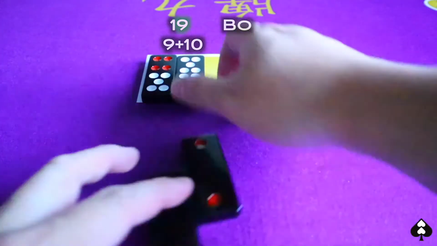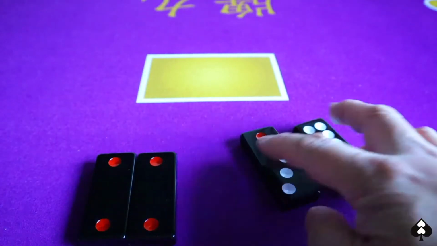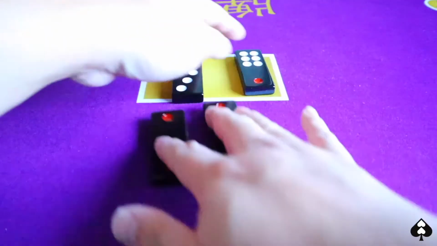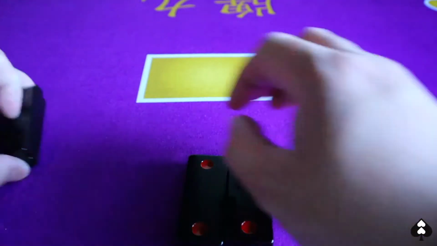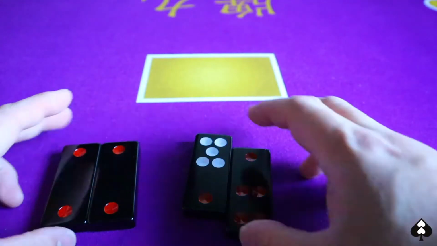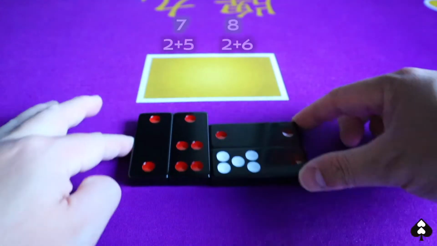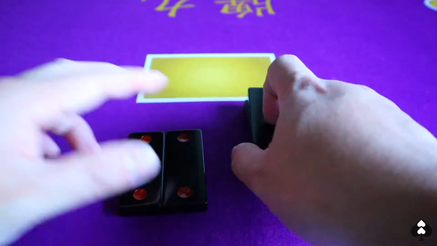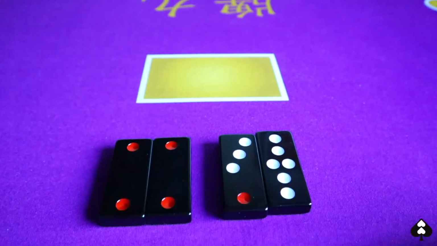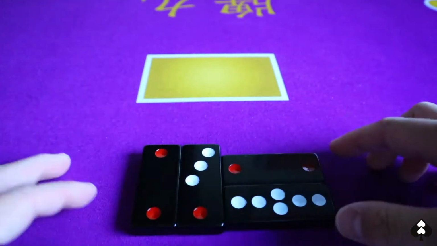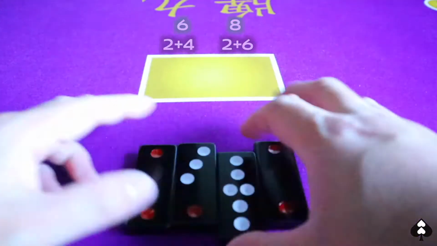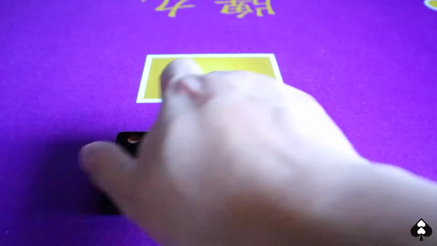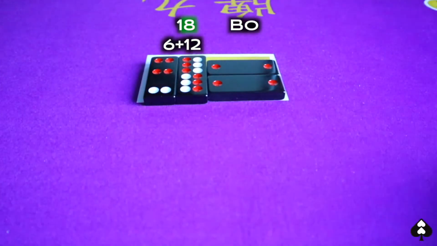Nine, bow. Six, nine. Seven, eight. Try to name the hand before I do. This is a split. 6, 8. Eight, bow.